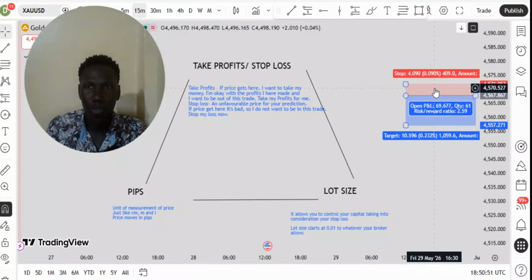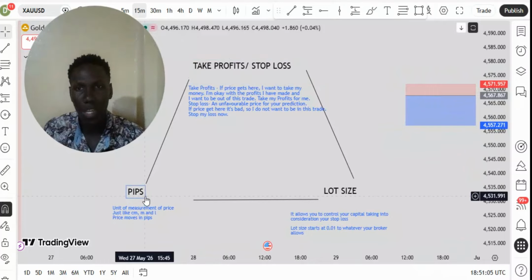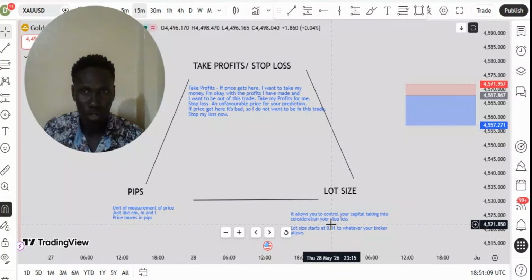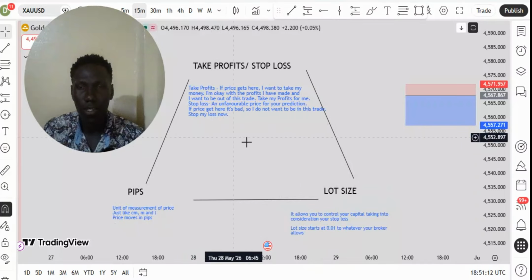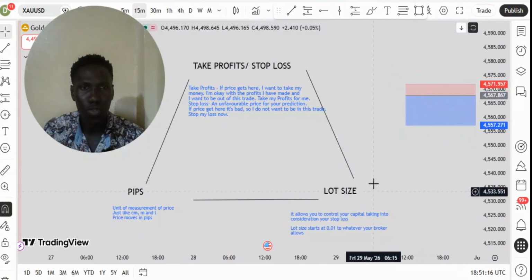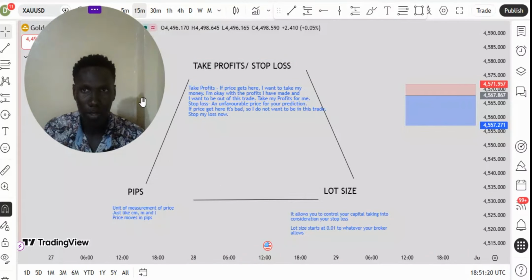But it also depends on your stop loss, the pip value of your stop loss. So to find your capital at risk, you just need to multiply the pip value of your stop loss by the lot size you want to use, and then the constant, which is times 10 for Forex, right?